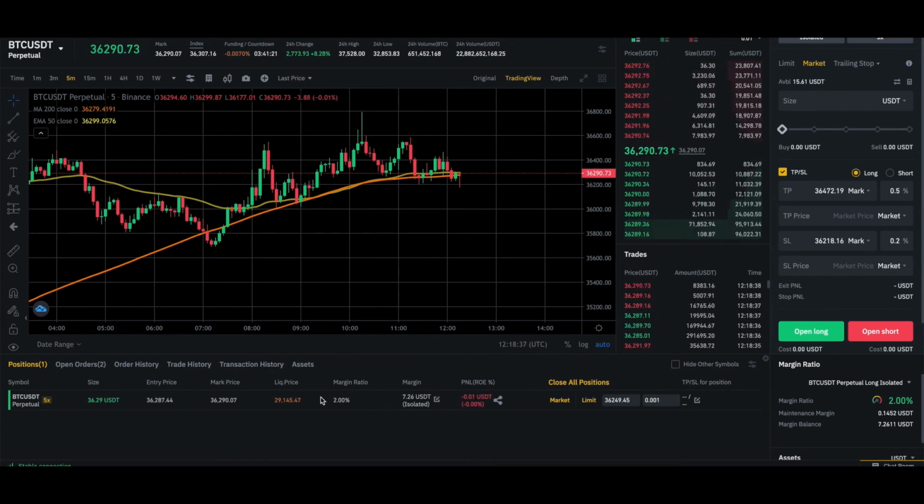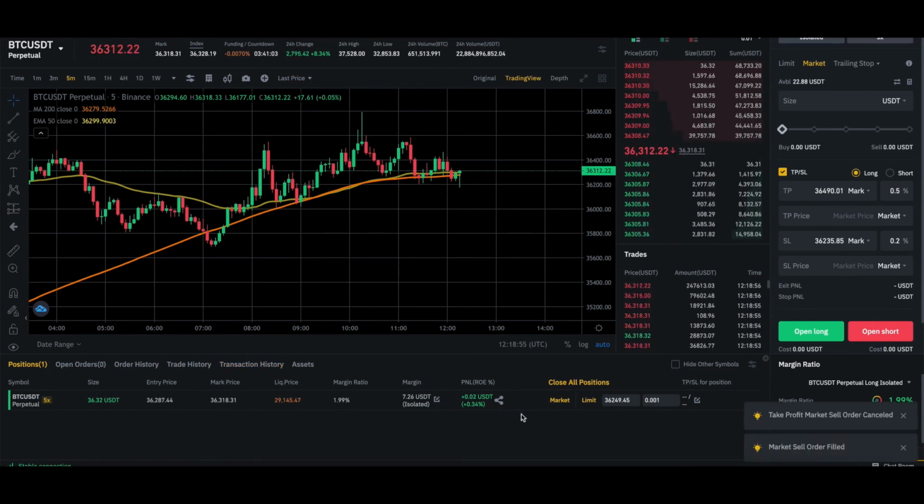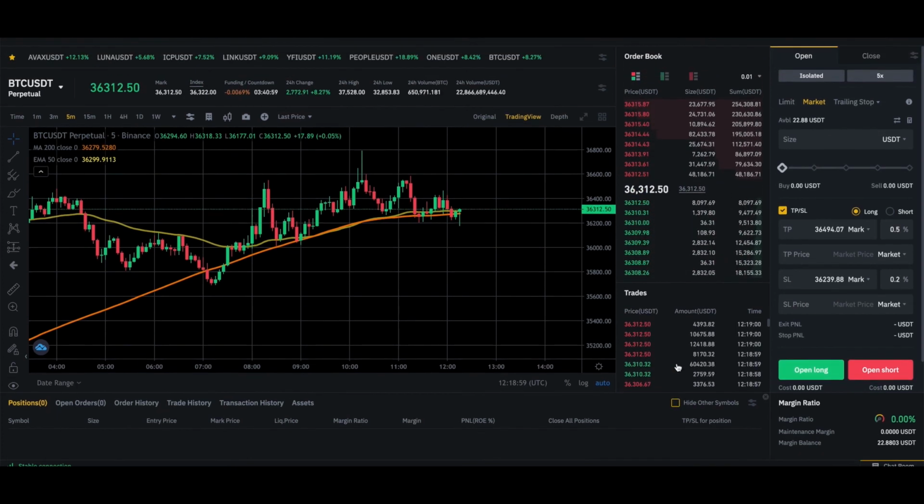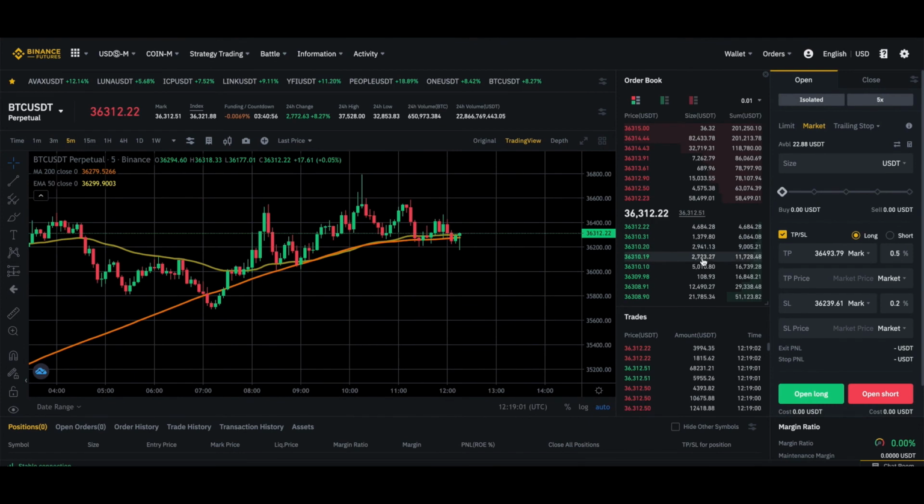And then if you wanted to close, you can close by market order or close by limit order here, and just close out those positions. And then you can also look back through all your transaction history over there. I'll close that because that was just an example, but obviously you'd have paid fees on that as well, so don't just jump in and out.